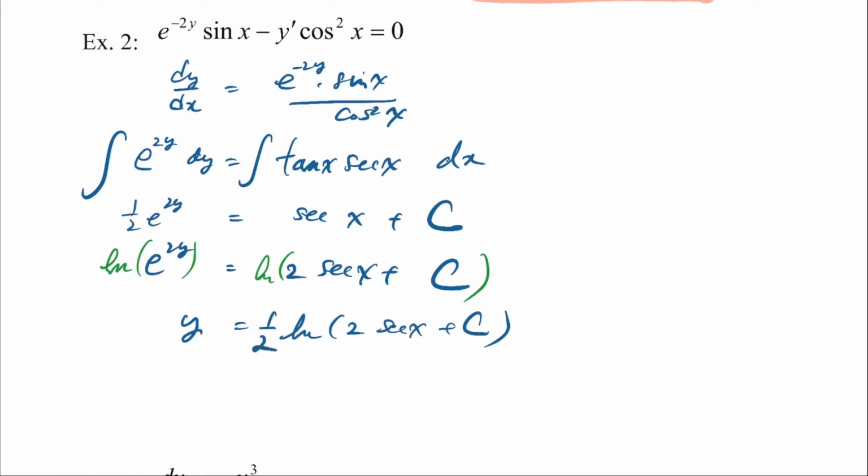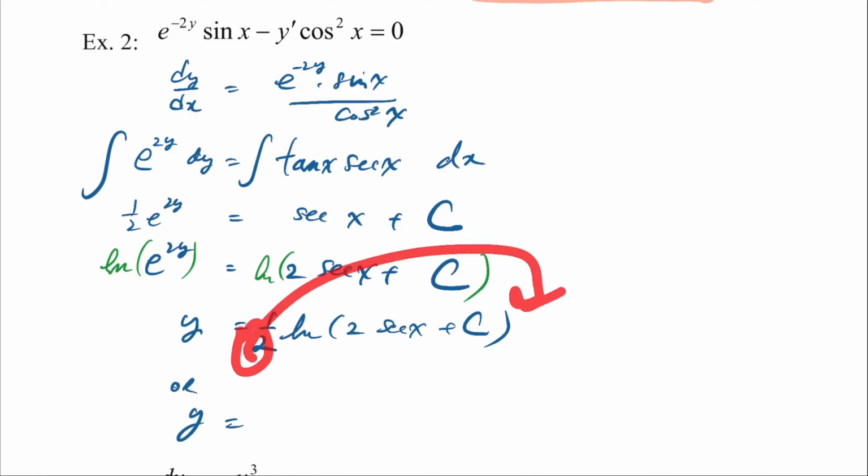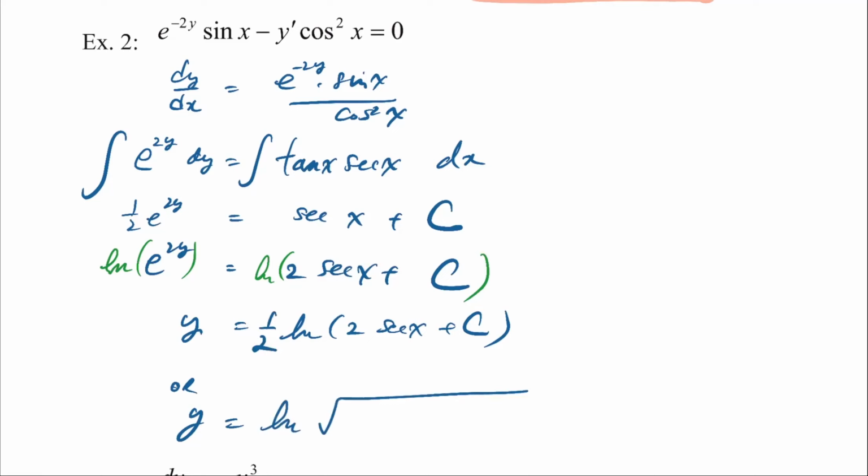Now, you could go ahead and try to simplify this. If you leave it alone here, perfectly fine. Or, you do realize whatever is in the front could be written as an exponent, which means that that is ln of the square root of 2 secant of x plus c.